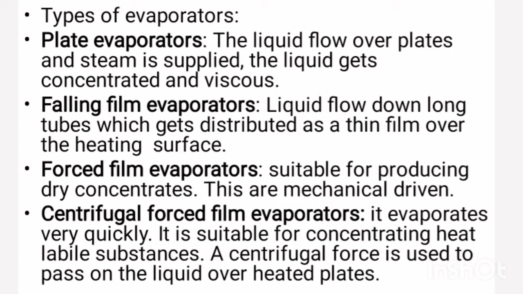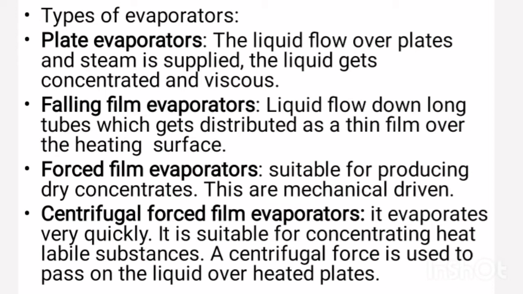Next, we can discuss the different types of evaporators. There are four types of evaporators used for the concentration of the product. That are plate evaporators, falling film evaporators, forced film evaporators, and centrifugal forced film evaporators.